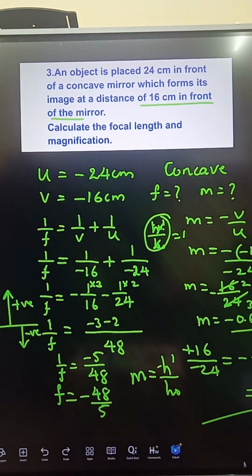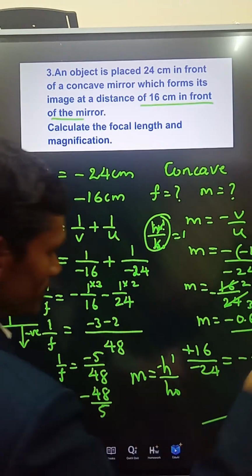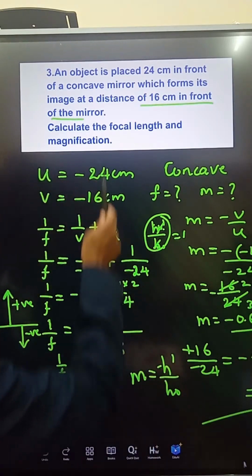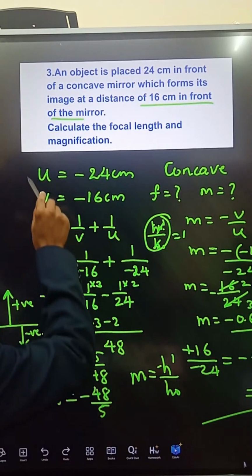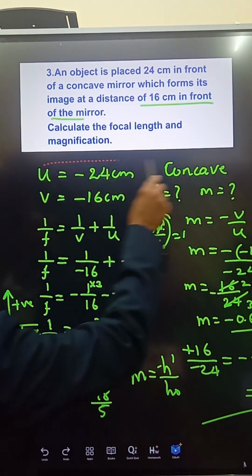Sir, what did you say? It's not visible. Okay, just a minute. It has gone to that side. Okay, magnification. Let me bring it to this side. I don't need to erase that. Now the entire thing comes.